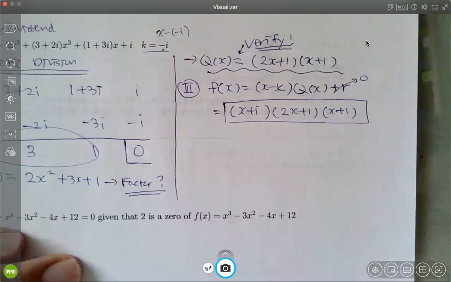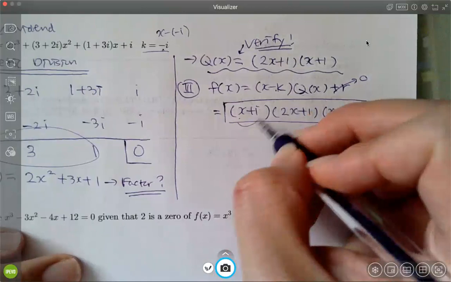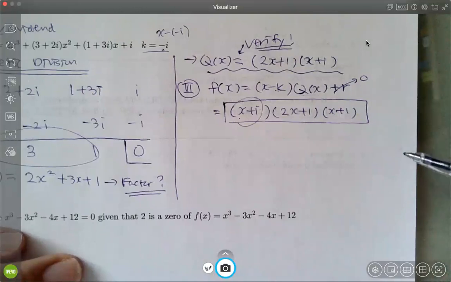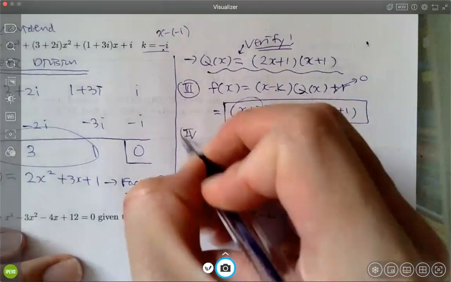Now, you might say, well, that's not a linear factor because of an i. Well, yeah, but still the power of x is 1. So that is still a linear factor, even though it involves an i. Now how do you find the zeros?